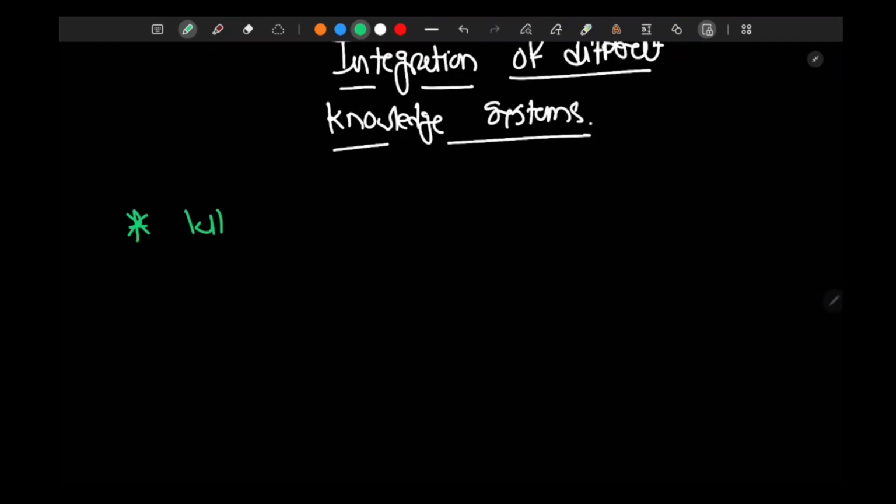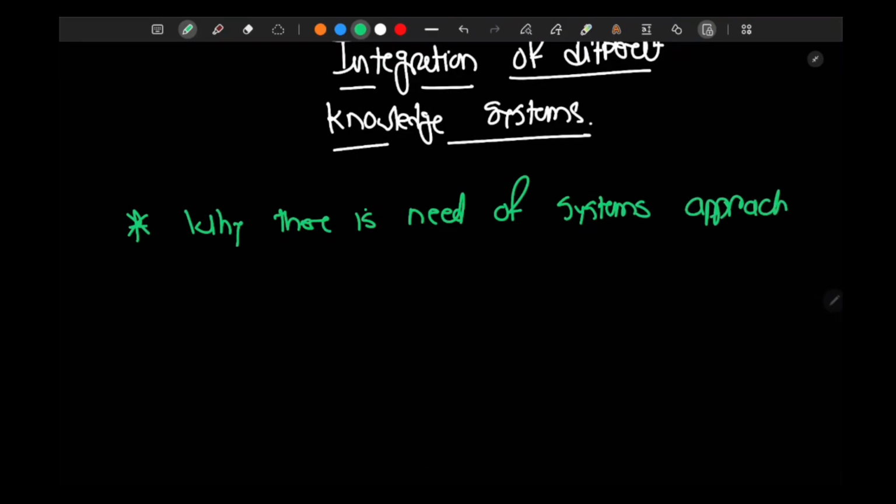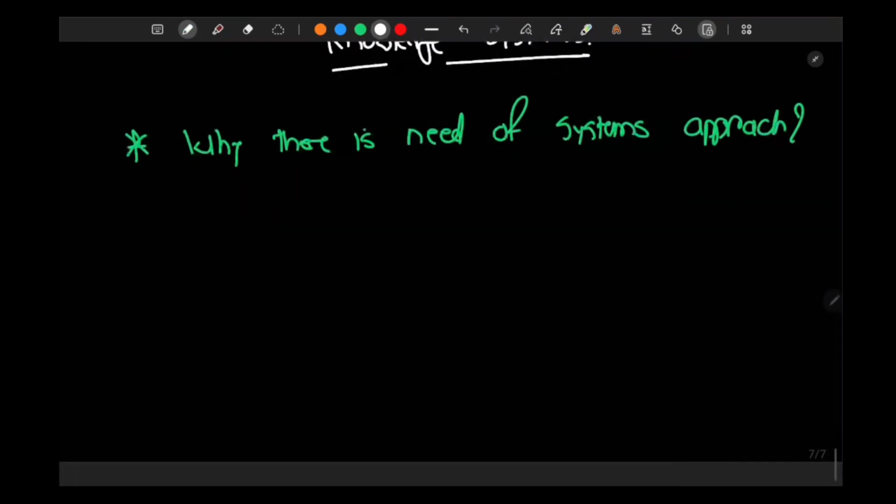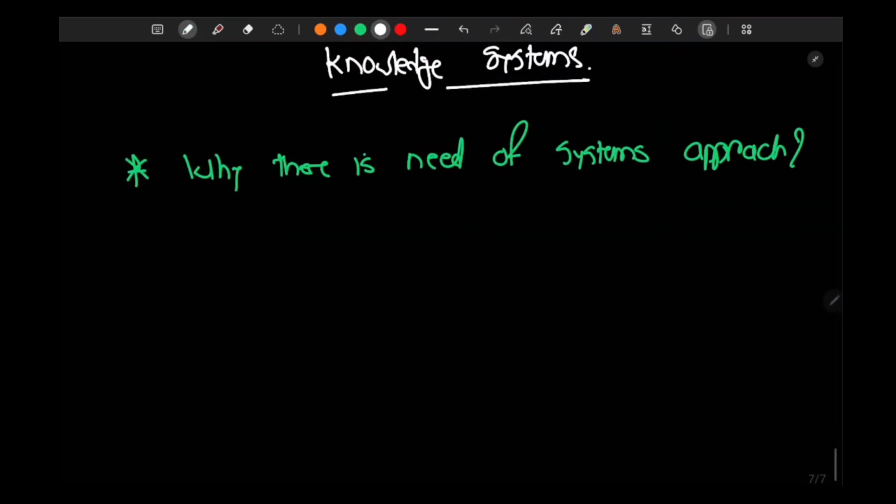Now we have to understand why there is need of systems approach. It is basically, right, in criticism of traditional approaches.